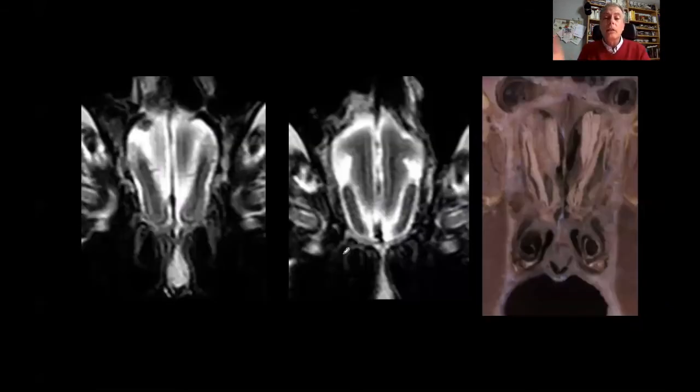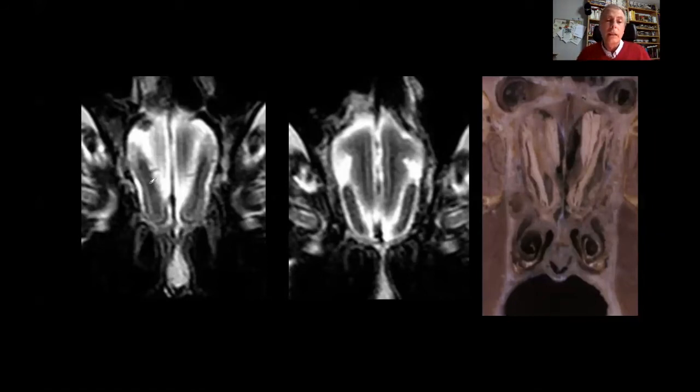So now we are going to have a look at sections of the encephalon and compare them on MRIs, fixed brains, and histology. We will progress from rostral to caudal.